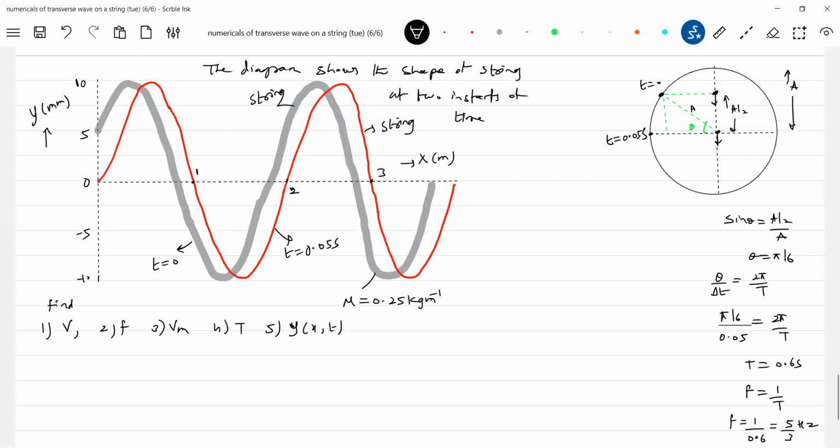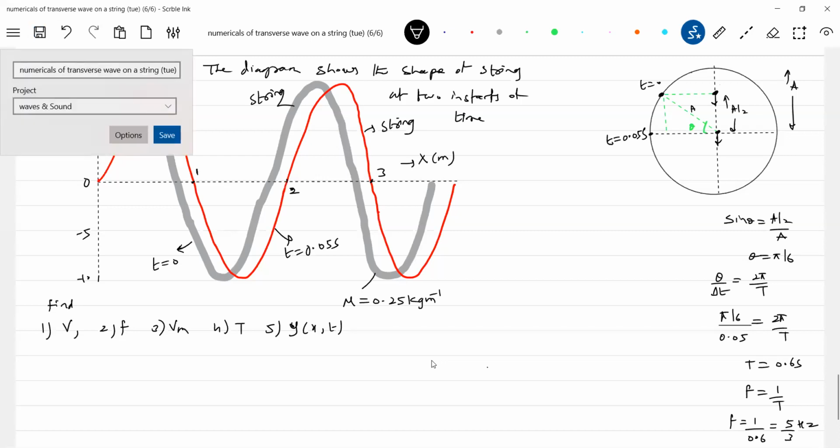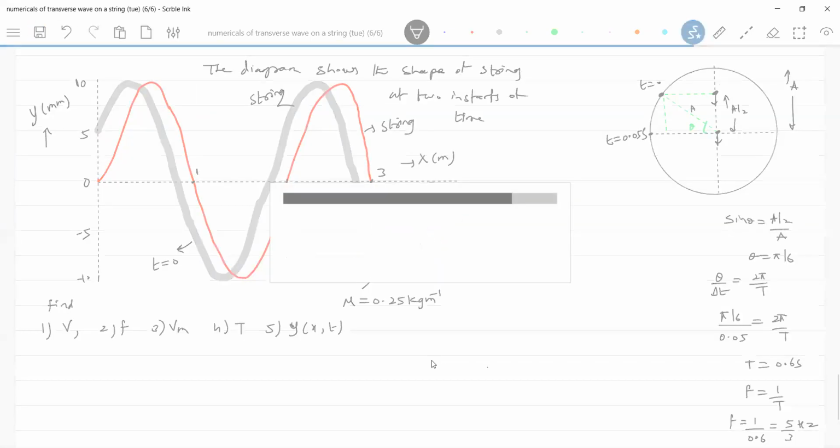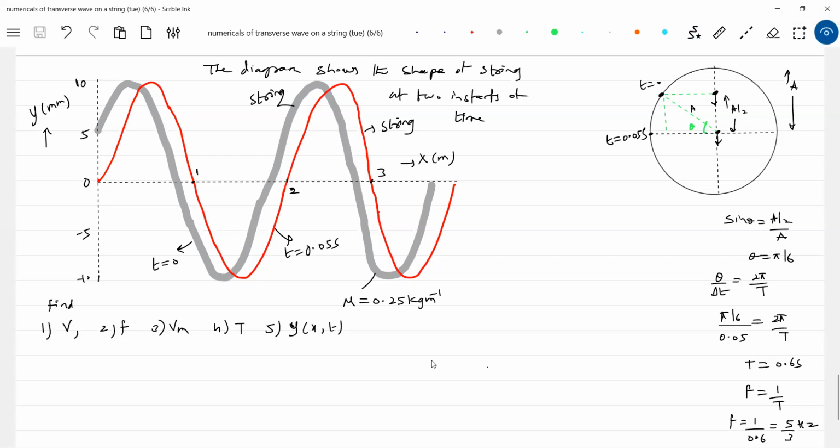Okay, after getting frequency, is it okay, all of you, getting the method? I'm not doing anything very big, just the SHM idea. At t equals 0, the point on the rope is here. After some time, it will be here. So you may ask, sir, it may be like this. It can also happen, no?